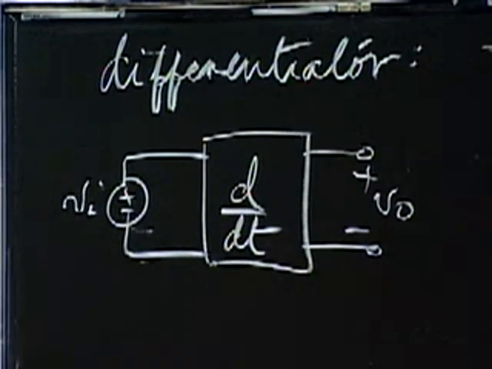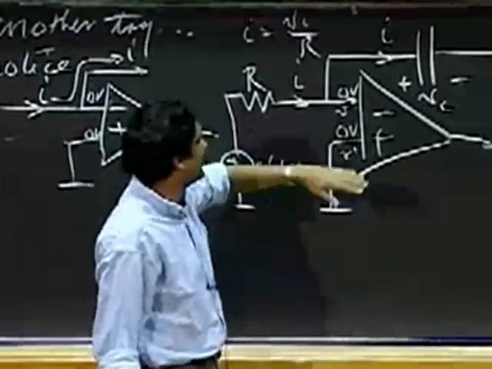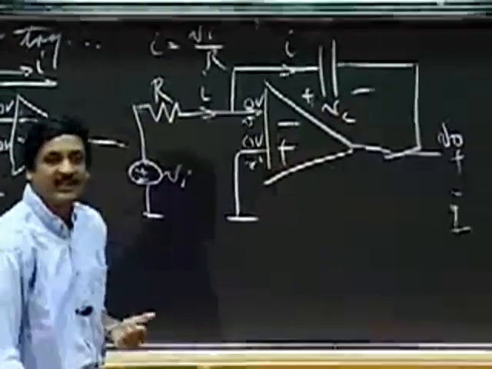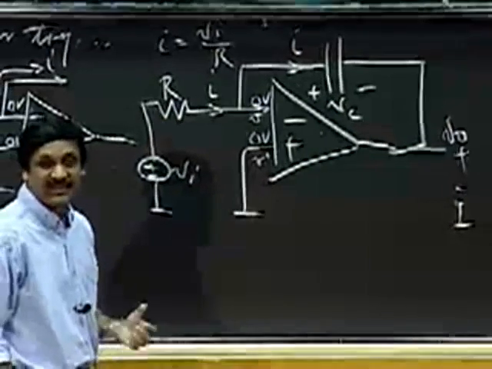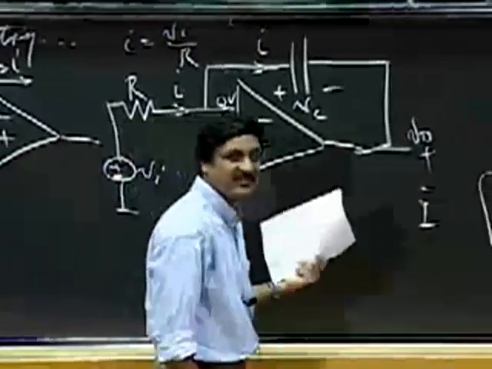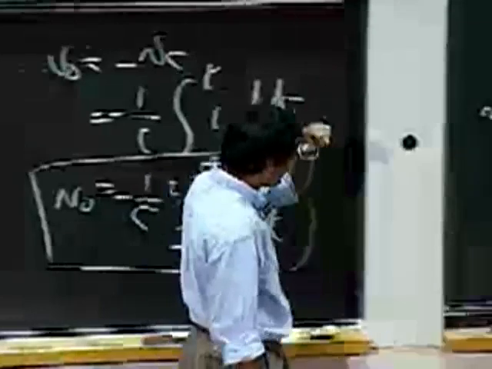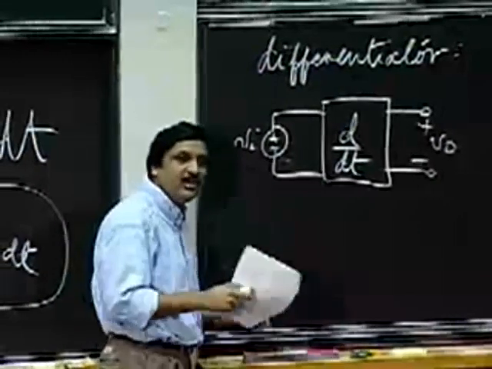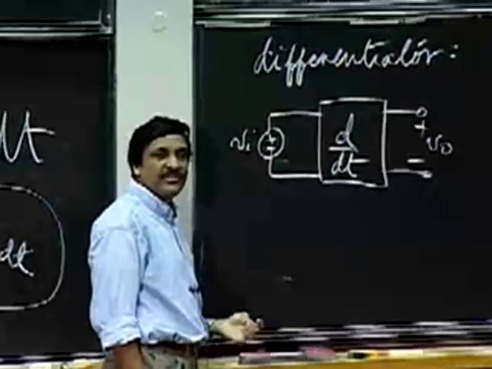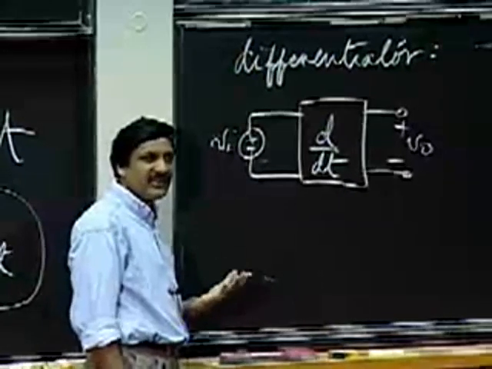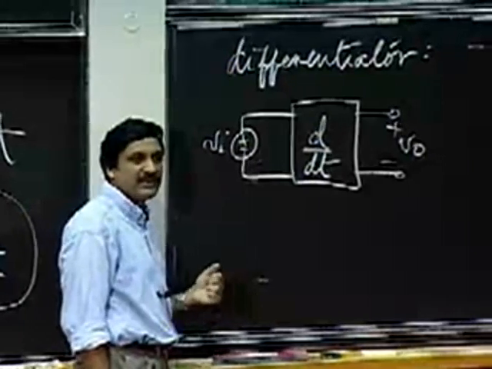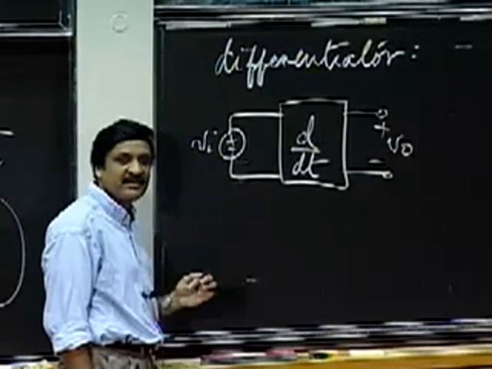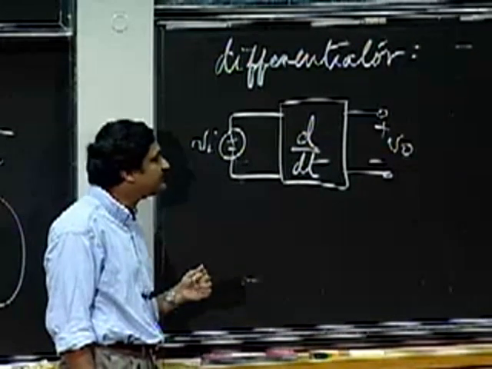In fact, as a homework exercise, you may want to go back and see how you can get a similar effect using inductors. Can you play with inductors and get a similar effect? Inductors are devices that are a dual of the capacitor, so whatever we do with capacitors, there must be a corresponding way with inductors. You can try it out in your spare time.